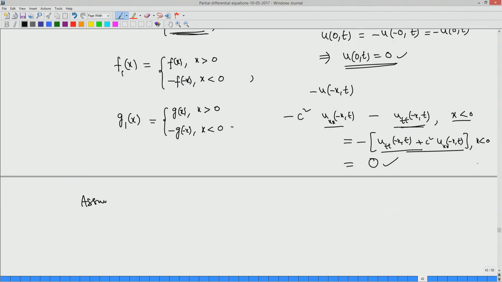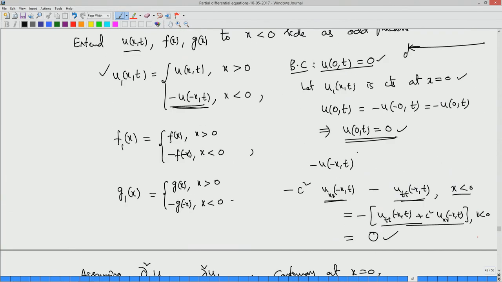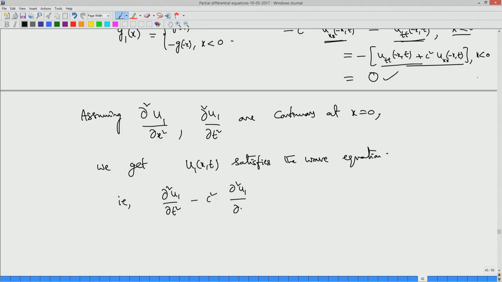So, assuming that the second derivatives of u1, dou square u1 by dou x square and dou square u1 by dou t square, are continuous at x equal to 0, what we see is that u1 of (x, t) satisfies the wave equation, that is dou square u1 by dou t square minus c square dou square u1 by dou x square equal to 0.